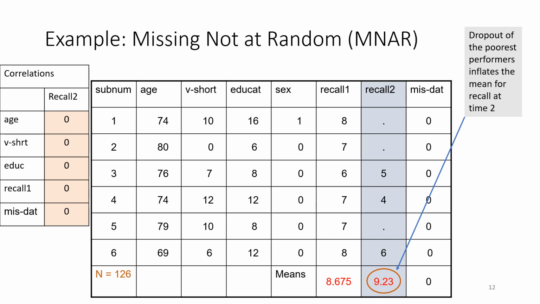When we look at the correlations between recall and age, vocabulary, education, recall at time 1, and missing data, we see that the correlations are all 0. That would indicate that we cannot predict the missing values. And that means that the missing data are missing not at random, MNAR.